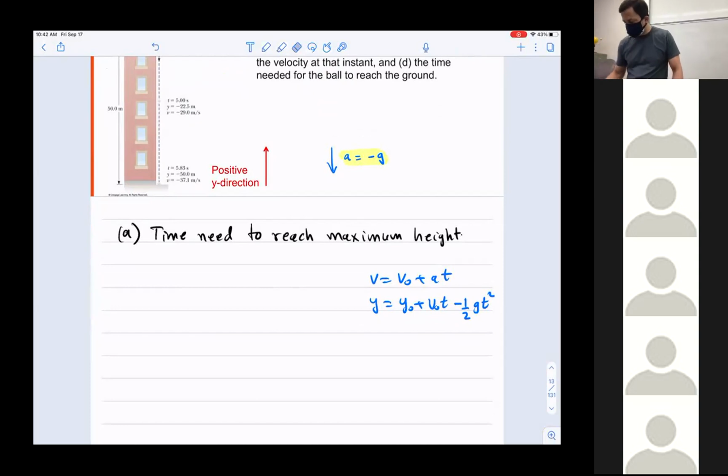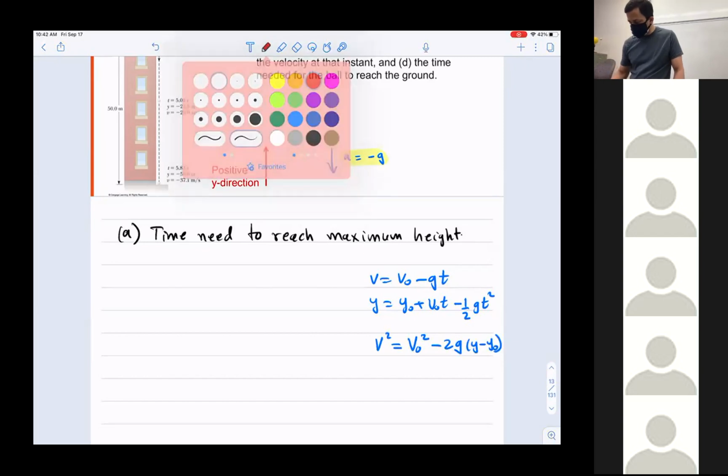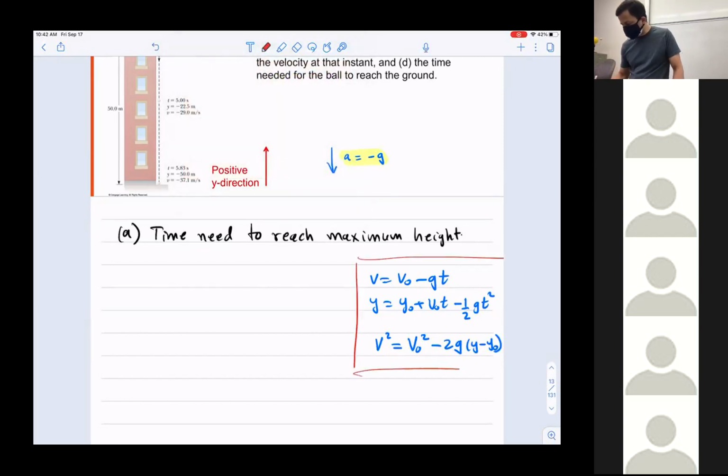So in fact, I could actually go up here as well and make this minus gt. And v squared is going to equal v naught squared minus 2g times y minus y naught. Those are the master equations that we are using here. Any questions on that? Let me also write explicitly that g is equal to 9.80 meters per second squared.